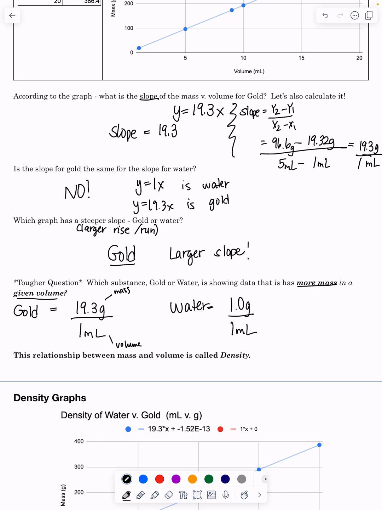So which data has more mass in a given volume? If I had 1 milliliter of water, I'd only have 1 gram. If I had 1 milliliter of gold, I have 19.3 grams. So gold is showing data that has more mass in a given volume.